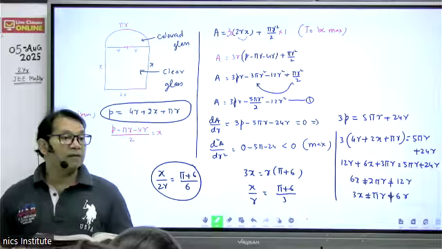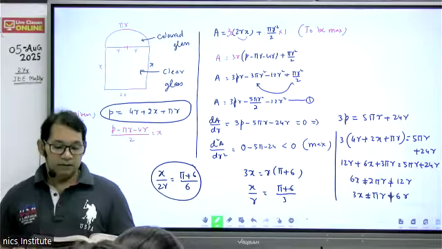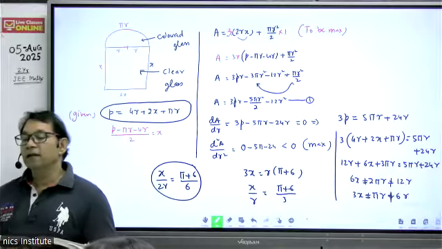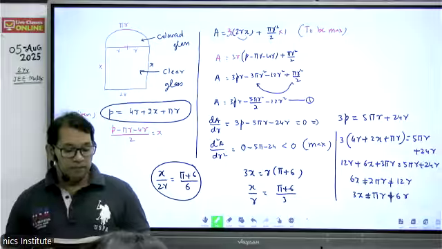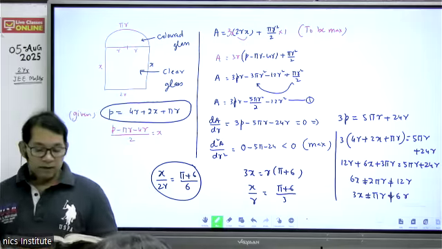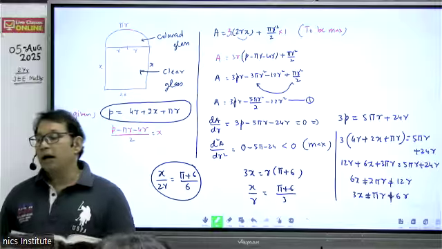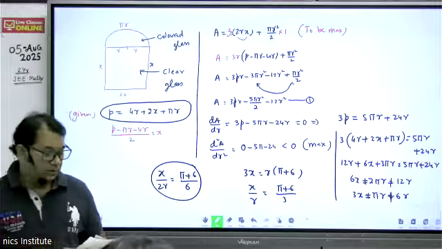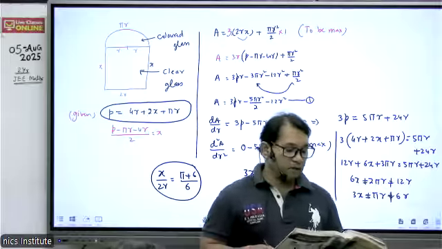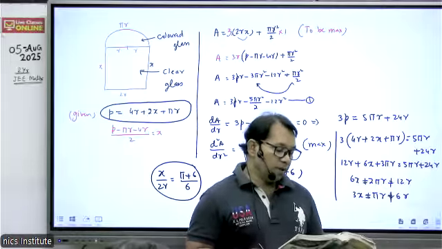Vanish means in maths it becomes 0, right? And it has maximum and minimum at x is equal to minus 1 and x is equal to 1 by 3.